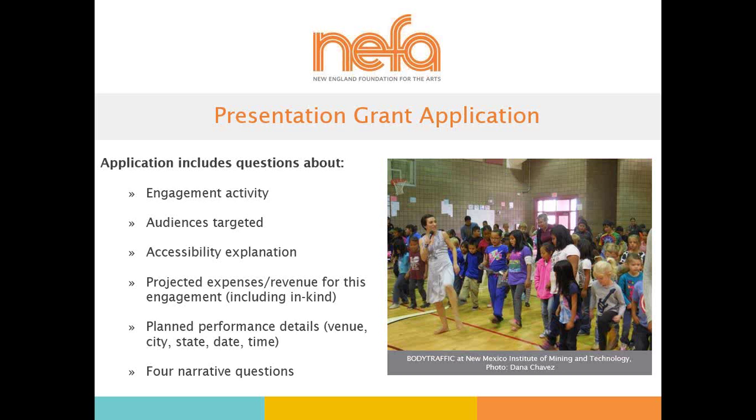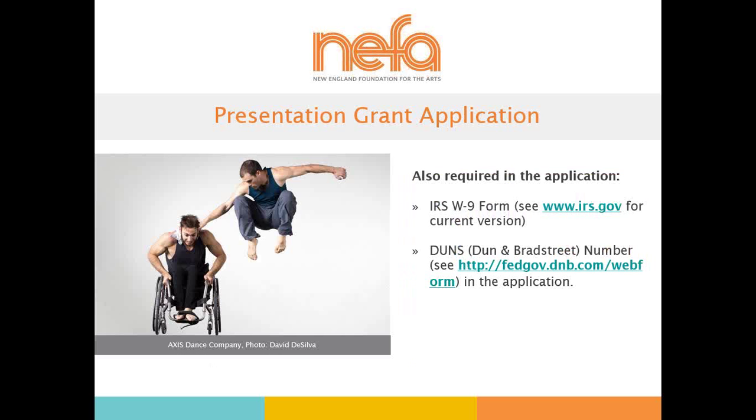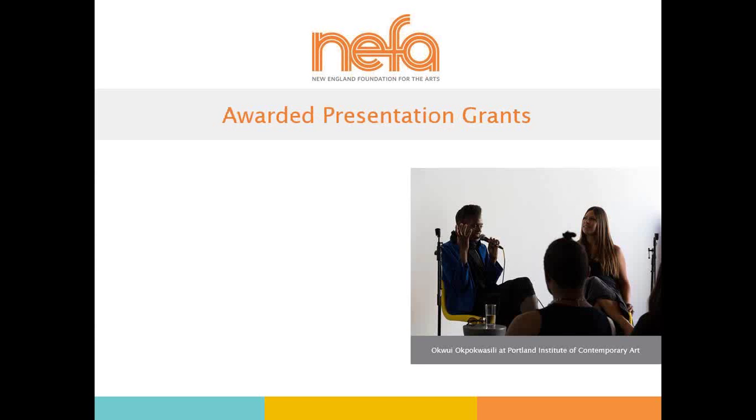You will also need to upload your W-9 form, and you can see www.irs.gov for the current version, and also a Dun and Bradstreet number. You can access that from our website as well to get a number for your application if you don't already have an organizational DUNS number.